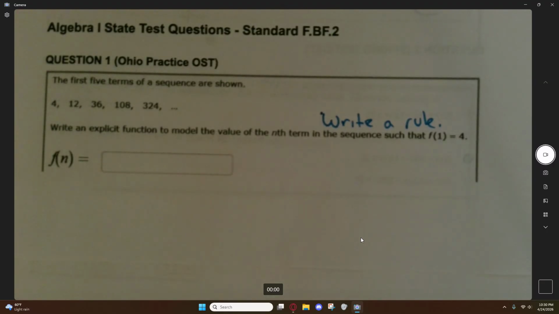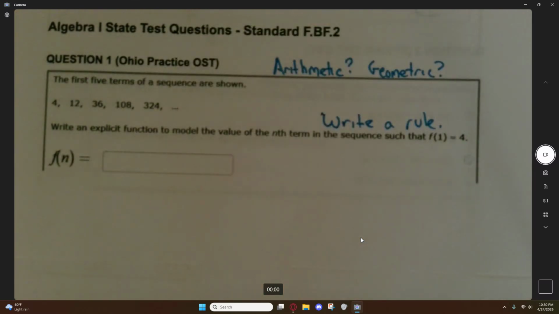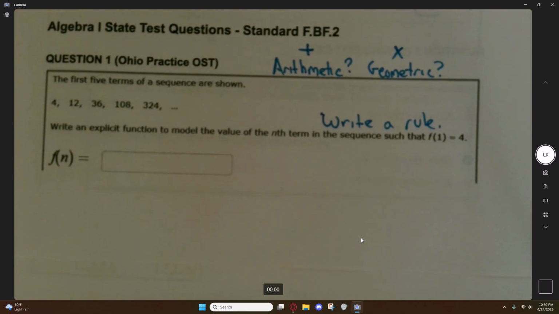So the first thing we have to identify is, is this arithmetic or is it geometric? And that comes down to, is the common difference additive or multiplicative?